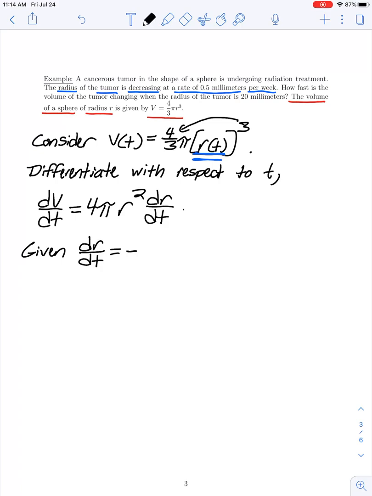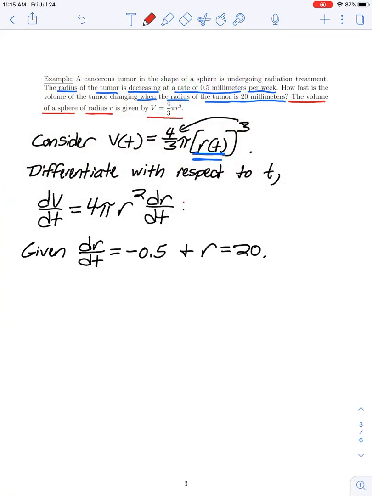Remember, a function is decreasing if its derivative is negative on some interval. So we have a negative 0.5 millimeters per week for the rate of change of the radius with respect to time. And the question is how fast the volume is changing when the radius of the tumor is 20 millimeters. So we're also given the radius at the particular time of interest is 20 millimeters.